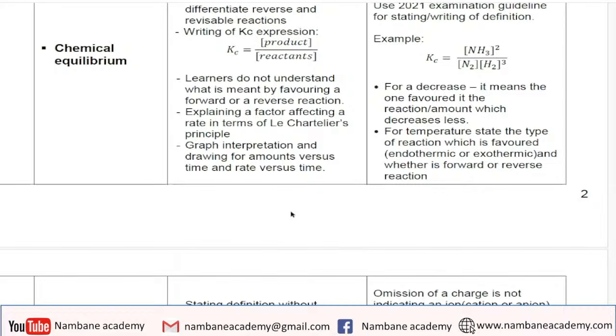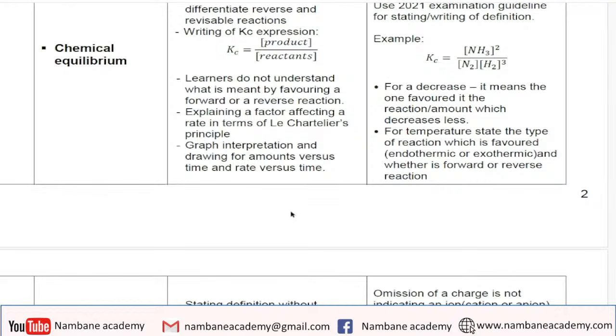Then what happens after the first equilibrium will then depend on the disturbance. Then you'll see instances whereby both rates increase. Then once we see both rates increasing or decreasing, then you must know it is either the disturbance in temperature or disturbance in pressure. But because here we have Le Chatelier's principle, in as much as they both increase, one will increase more and the other one will increase less.